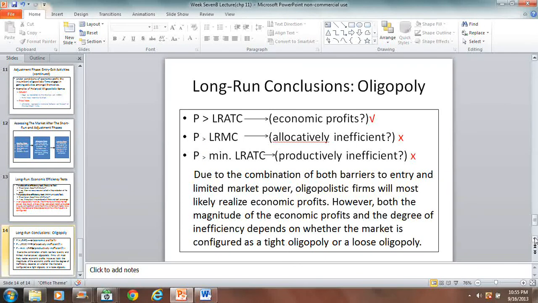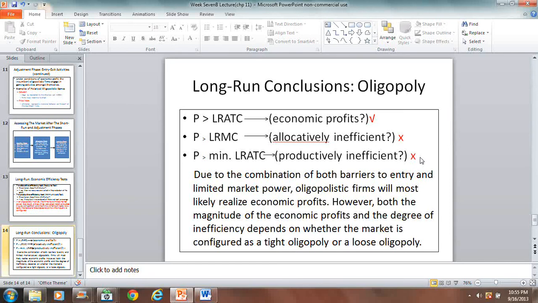So in general, we can conclude for oligopoly that in the long run, we expect oligopolistic firms to make economic profits. How big those profits are will be a function of how the industry is configured. We also expect there to be some allocative inefficiency and productive inefficiency, and how much also depends on how the industry is configured, whether it's a tight oligopoly or a loose oligopoly.